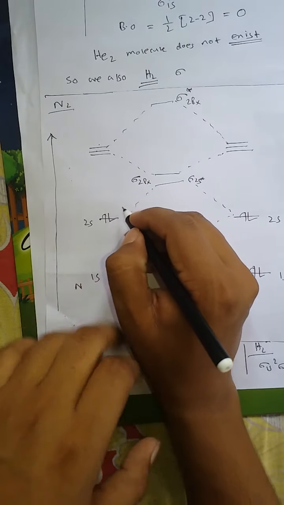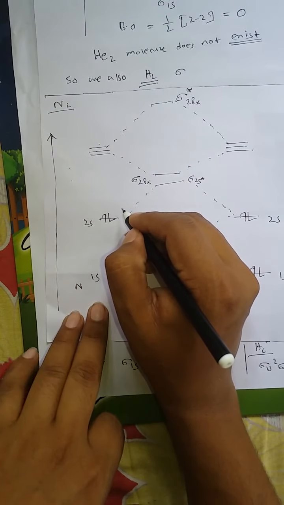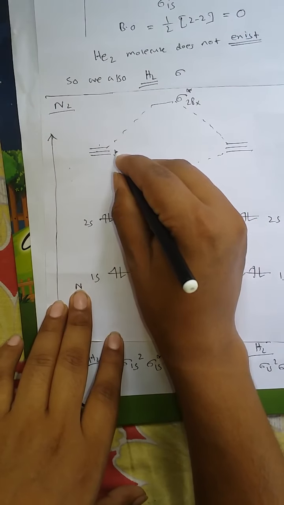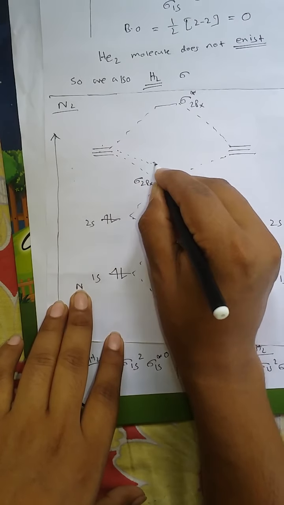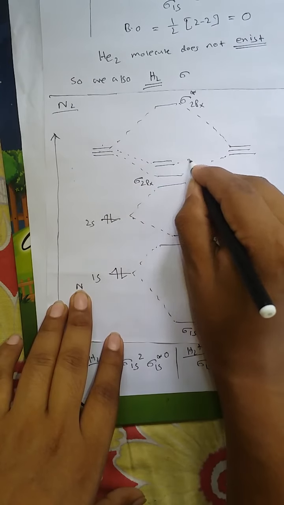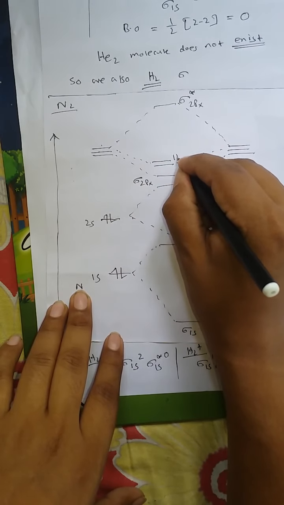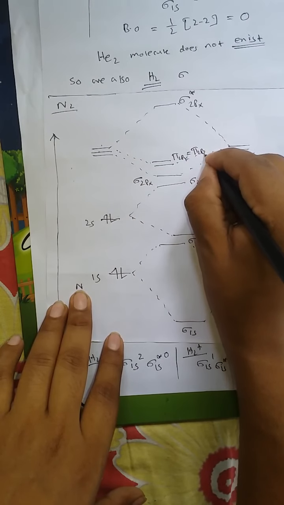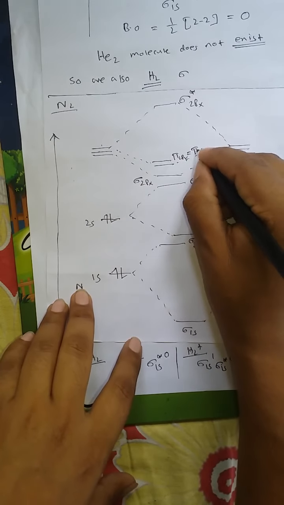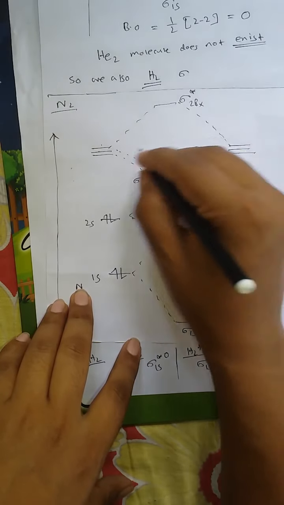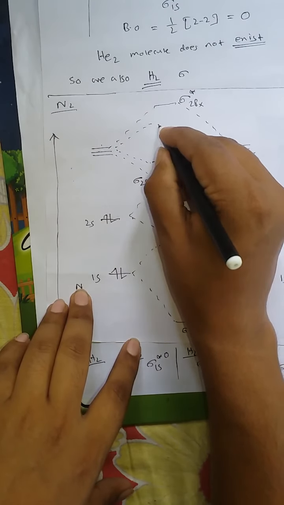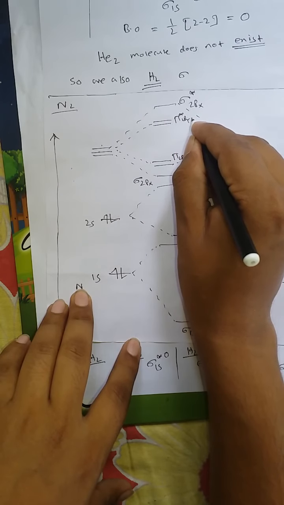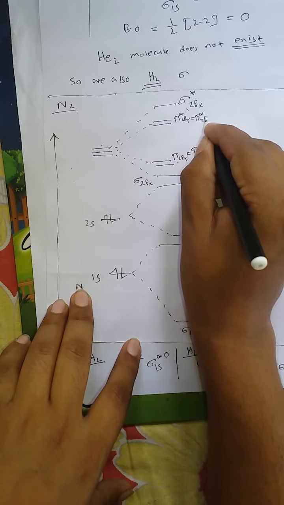The other two 2p orbitals, 2py and 2pz, form pi orbitals, and their energy is the same. So one is pi 2py and one is pi 2pz. Similarly, they form antibonding pi star 2py and pi star 2pz.